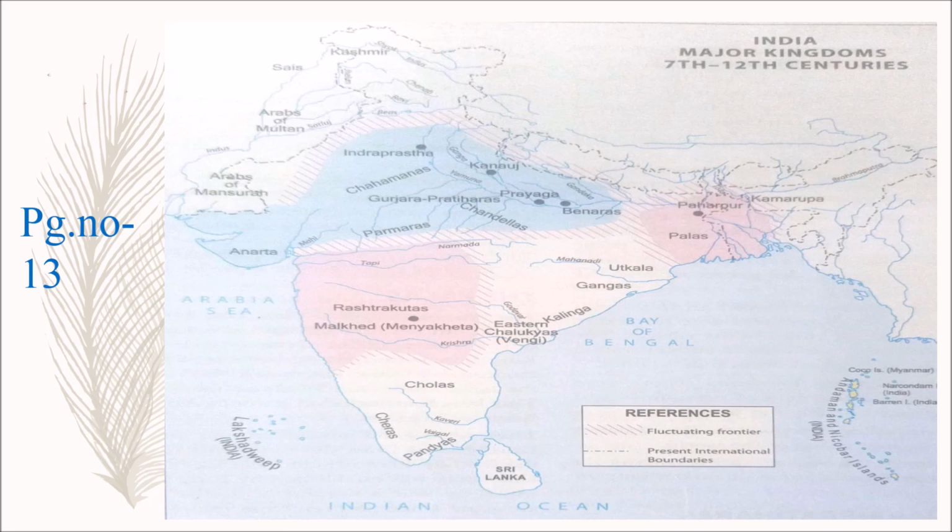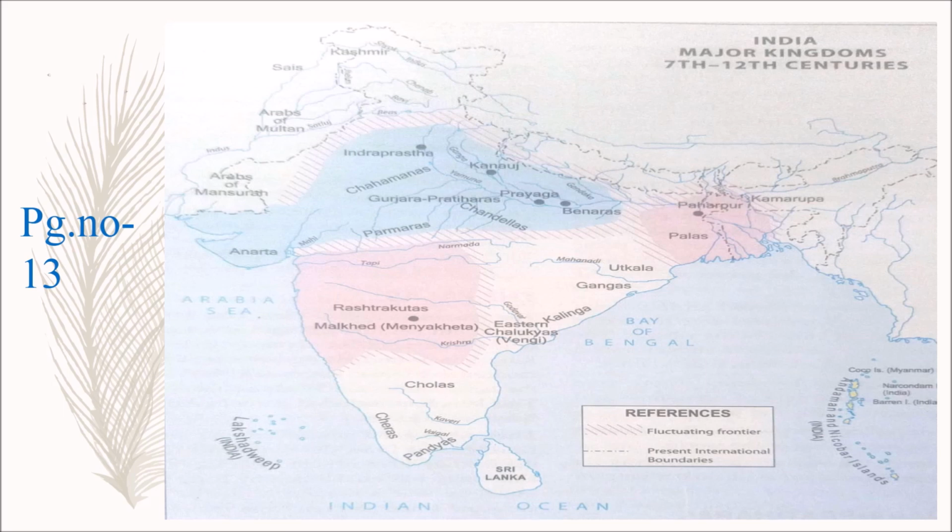Students, then we can see those areas marked in the blue color show the areas under the control of Gurjara Pratiharas. Here you are going to mark 4 areas like Indraprastha, Kanauj, Prayaga and Benares.